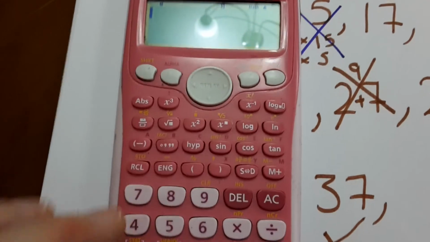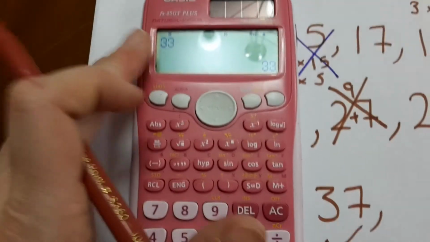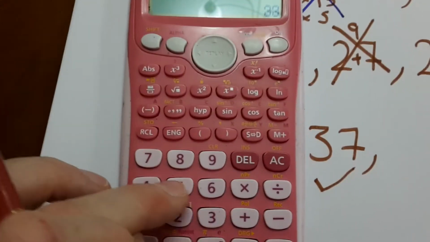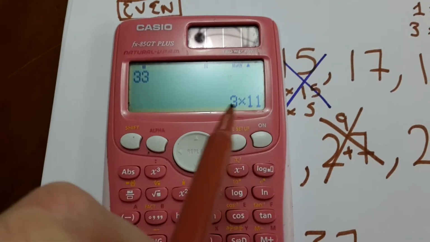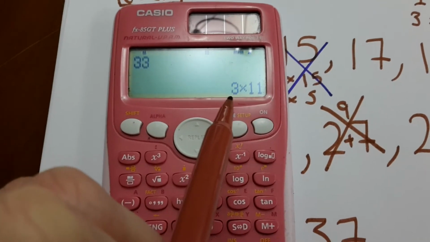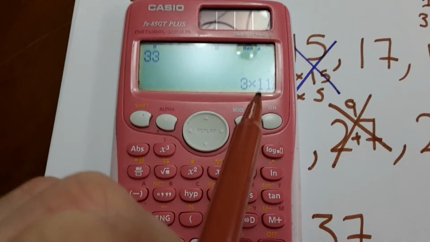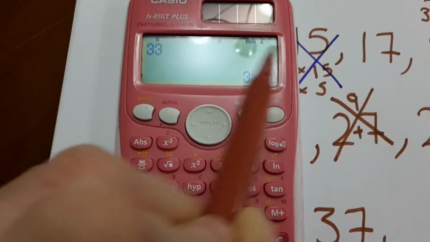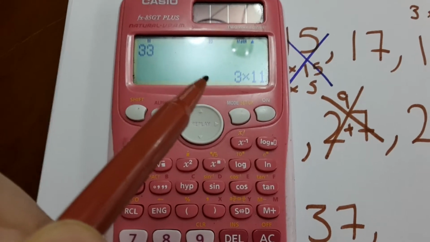But if I give you a non-prime, so for instance 33, and I press equals, then shift, then factorise, it tells me what other factors it can be broken down into. It's actually a prime factor decomposition, which means decomp means to break down.